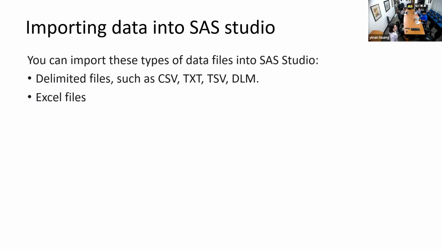You can import different types of data files into SAS Studio. We just highlight two commonly used data file types: one is delimited files, the other Excel files. We will show you next how you can use the point and click import wizard to import the file. But here we will show you the code that you can use.